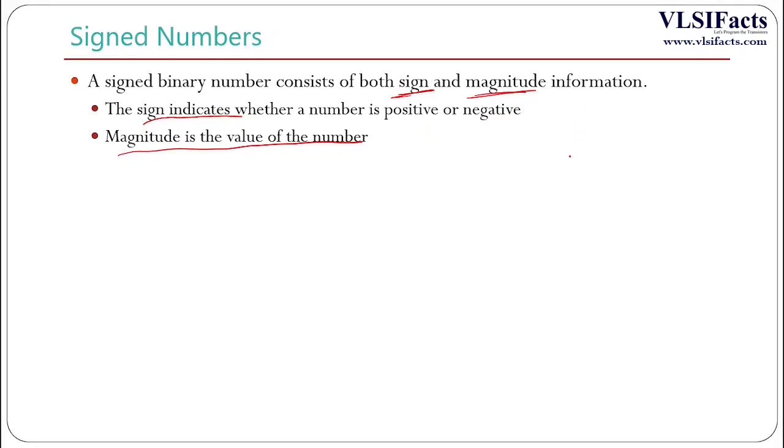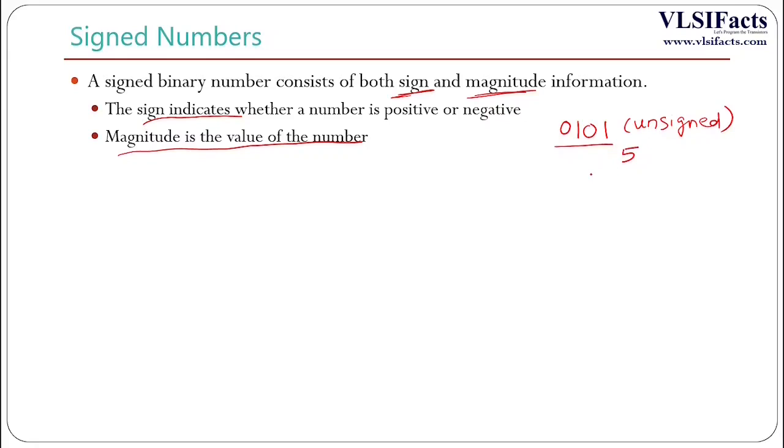Let us say I have the number 0101. If this is an unsigned number, then what will be the value? 0101 is nothing but 5.